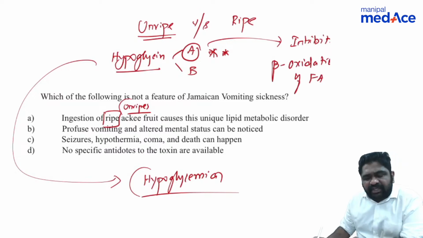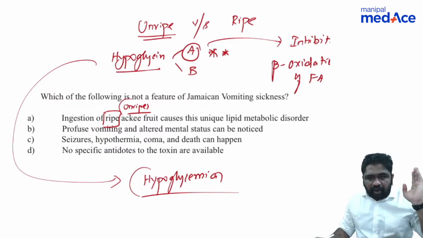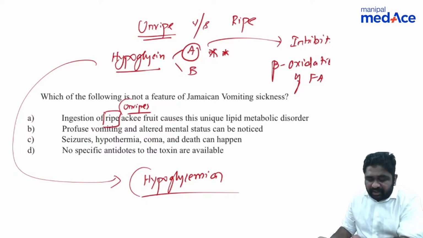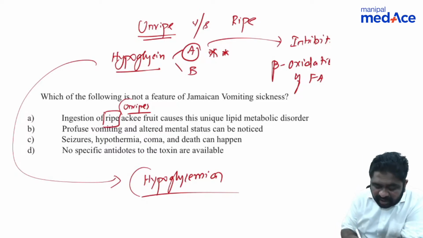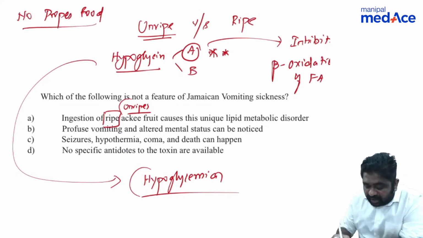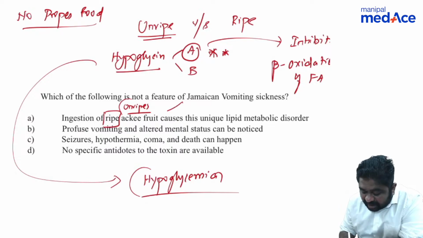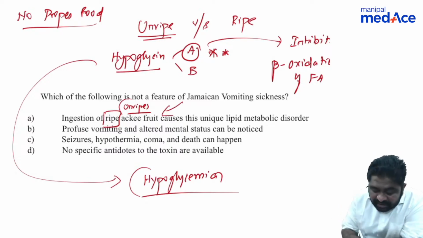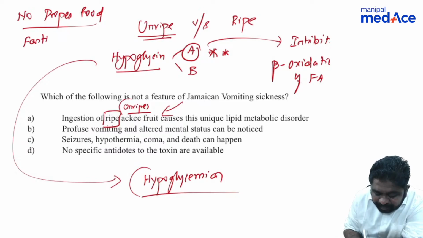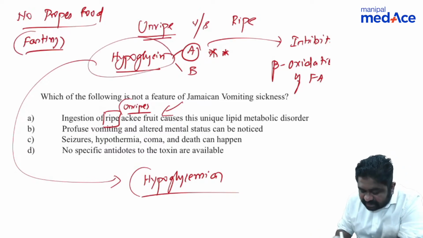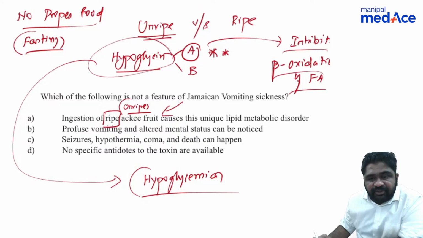Now people will raise a question. If it is inhibiting beta oxidation of fatty acids, why am I going to suffer from hypoglycemia? The point is, when a patient is not having proper food, and in Jamaica these people are depending on the ackee fruit for nutrition, in the fasting state with an empty stomach, if the patient eats the ackee fruit, the hypoglycin A will inhibit the beta oxidation of fatty acids.